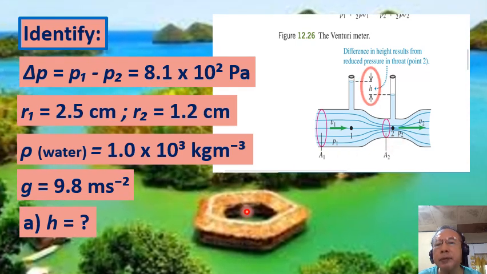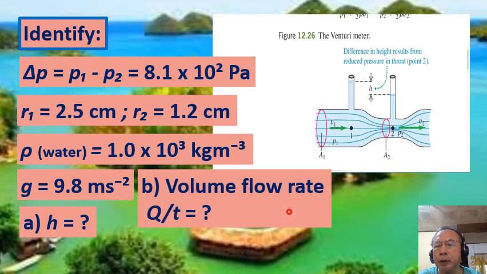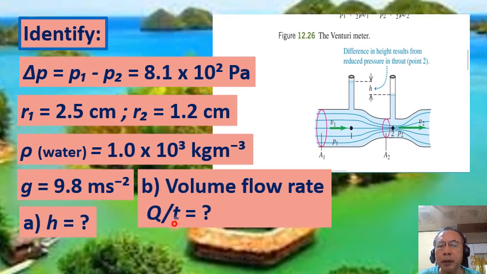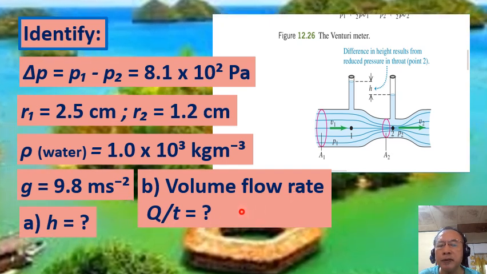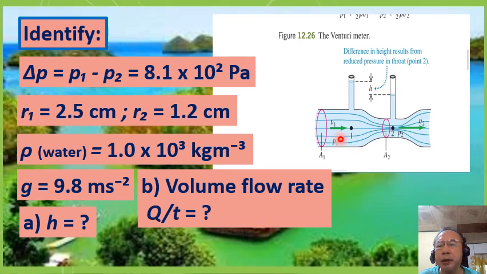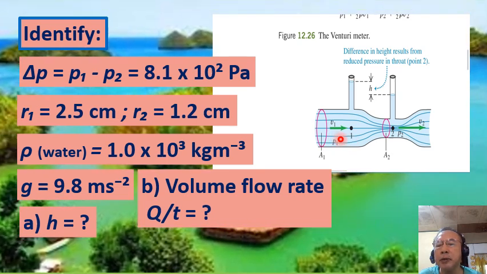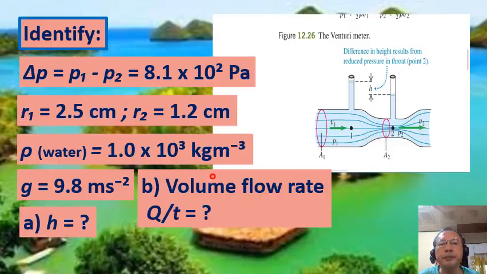And the second target variable is the volume flow rate, denoted by capital Q per unit time t. So when you say volume flow rate, we're talking about how fast the water is flowing within the horizontal pipe.